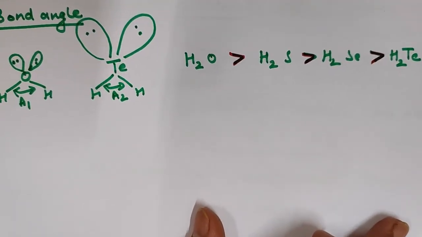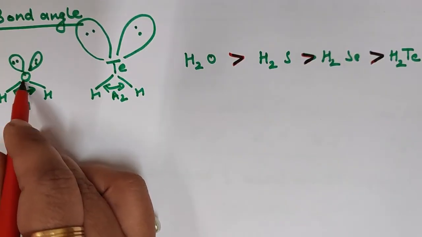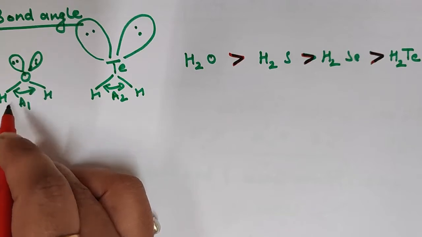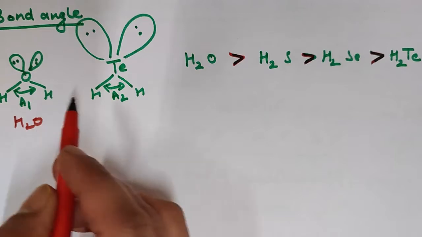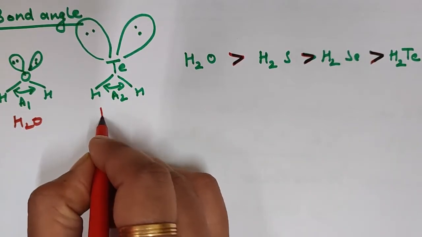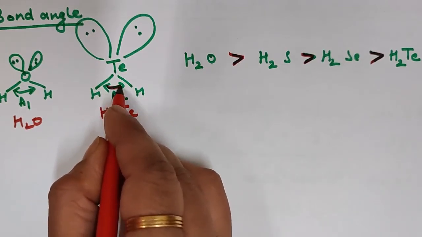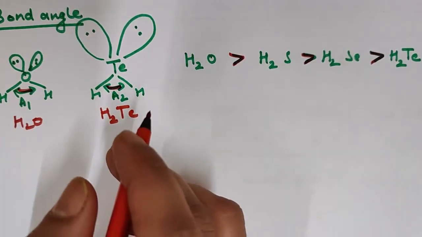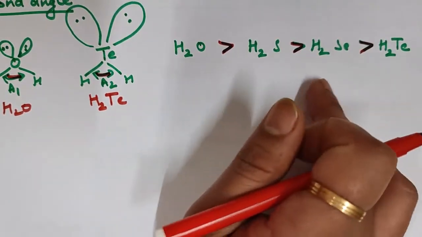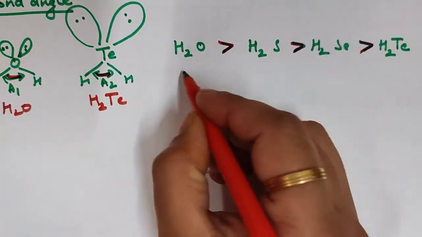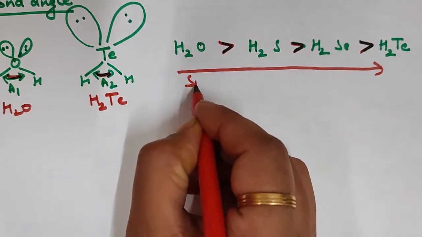The next property is bond angle. By bond angle we mean the angle between these bonds. Like if oxygen is there, H2O, the bond angle between H-O-H, and if tellurium is there, the bond angle between H-Te-H. The trend is that bond angle decreases down the group, and the reason is that as we move down the group, size increases.